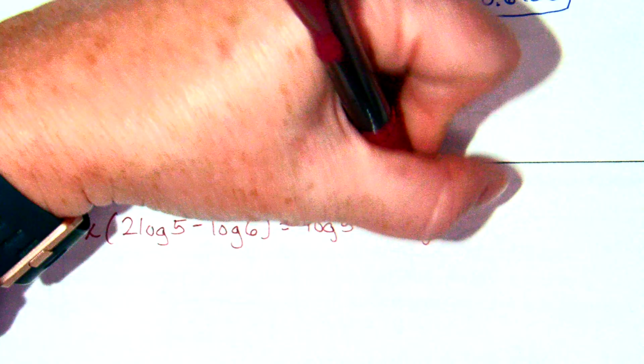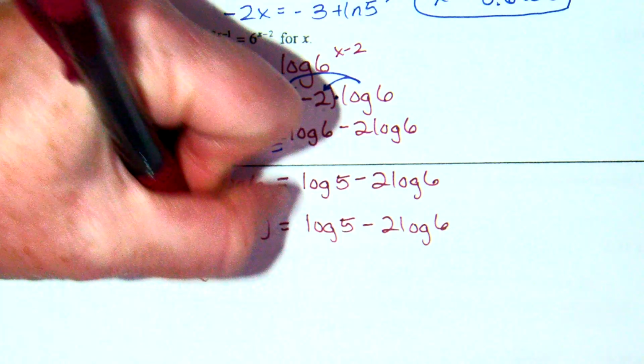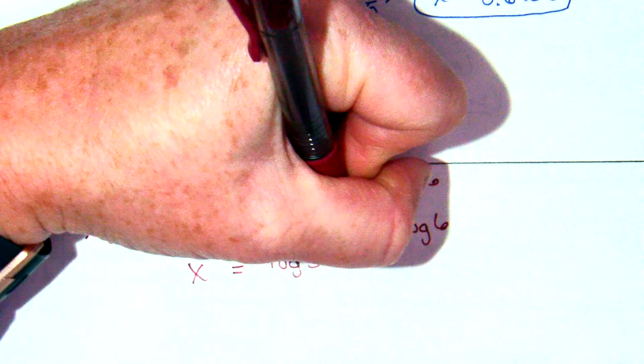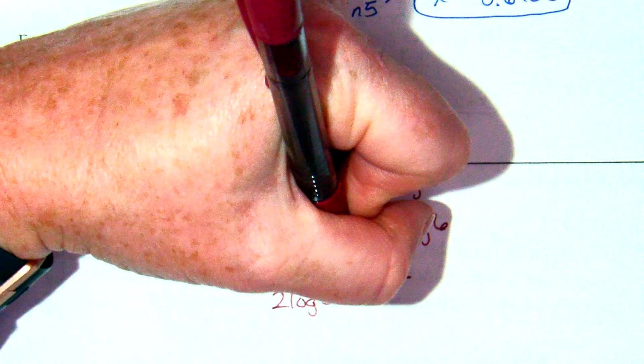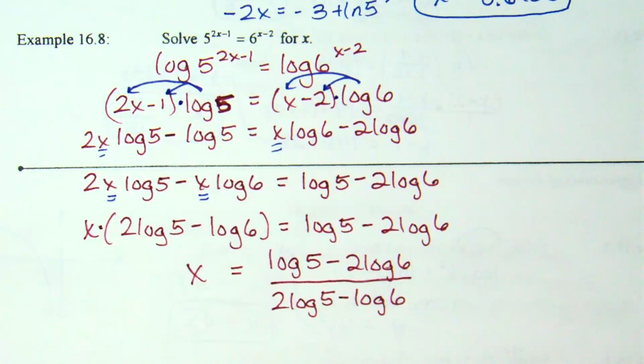And how do I get x by itself? Divide. It's x times that parentheses, so we're going to divide by the parentheses. So x is going to be equal to log 5 minus 2 log 6 divided by 2 log 5 minus log 6.